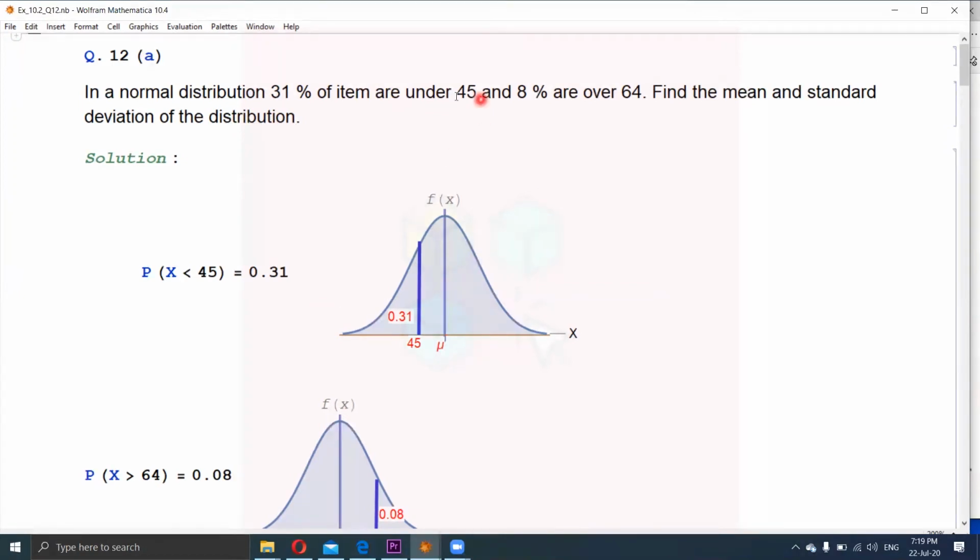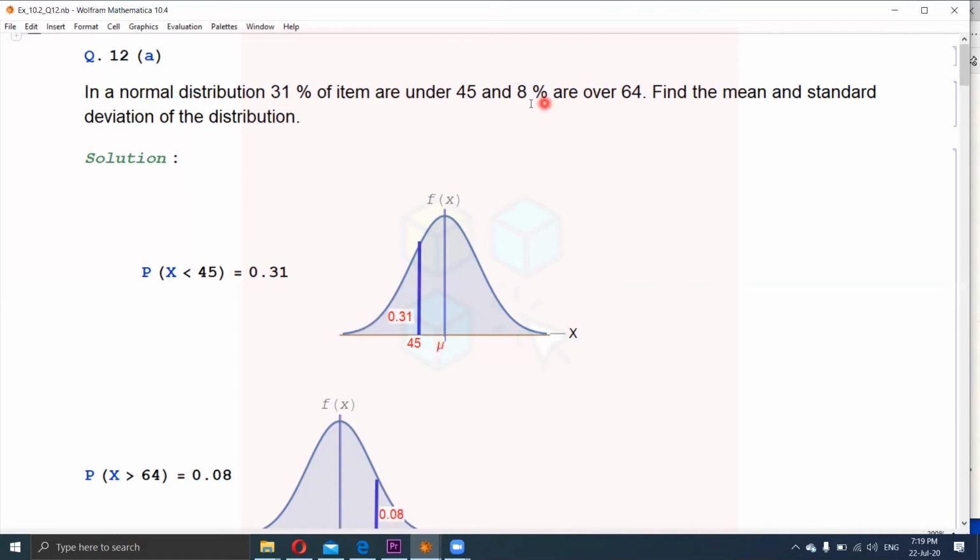First, we plot both of these areas in two figures. First one, 31% of items are under 45. So in the figure, 45 is on the left tail because only 31% area is below this point. So 31 is converted into 0.31 and this shaded area is on the left tail. So 45 must be below mu.